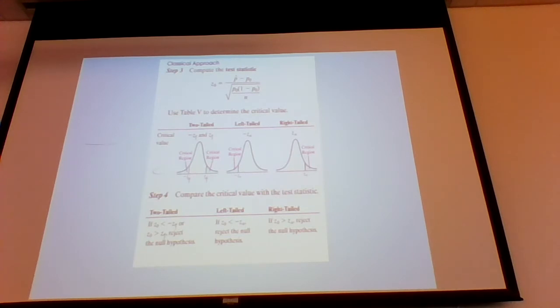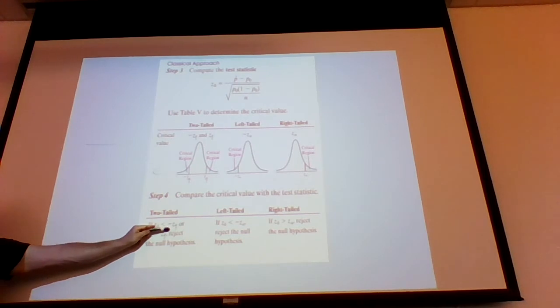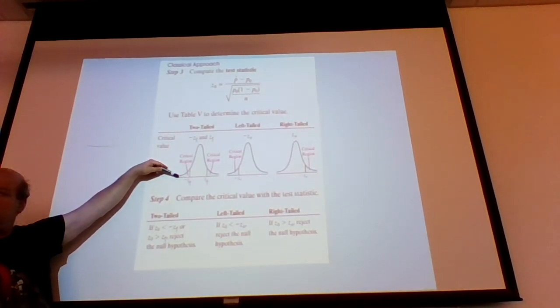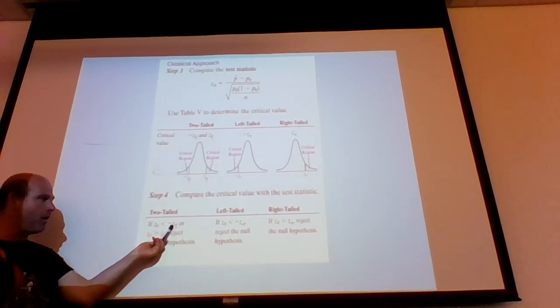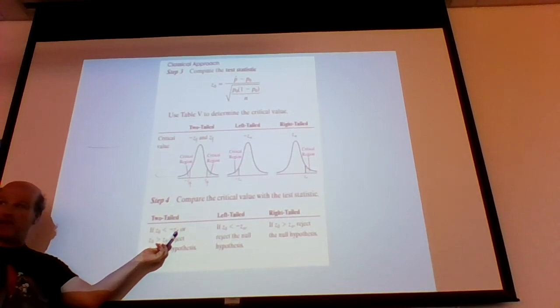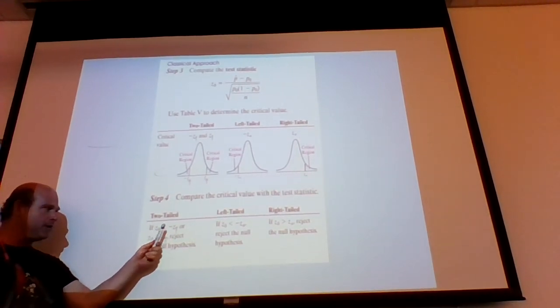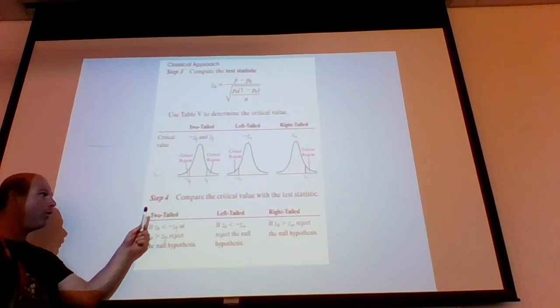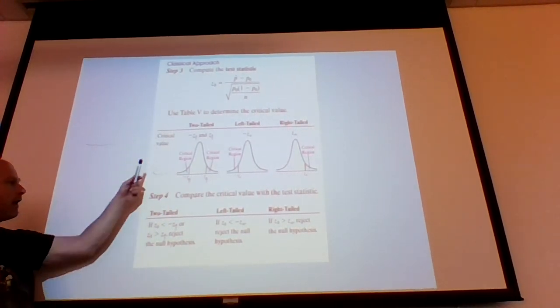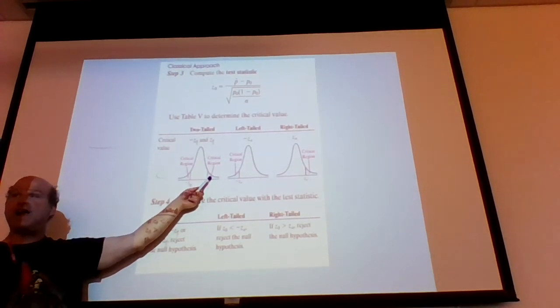And here's the conclusion that I said to you in terms of Z's. If this Z value is smaller than this Z value, so in other words Z0 is in here, we reject.